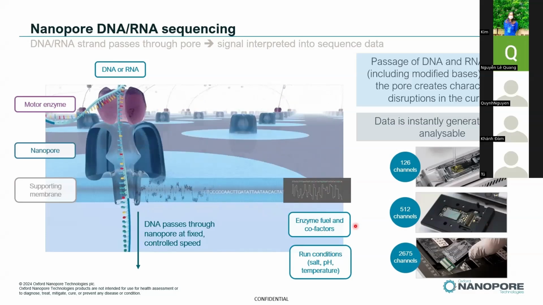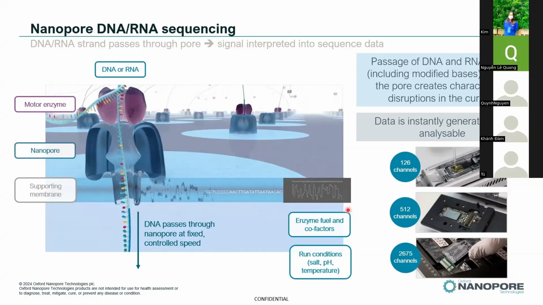So a strand of DNA or RNA is made up of a sequence of different combinations of the nucleotide bases A, T, G, C. When each base passes through the nanopore, it causes an interruption to the signal, and this characteristic interruption will then be converted to the base call.